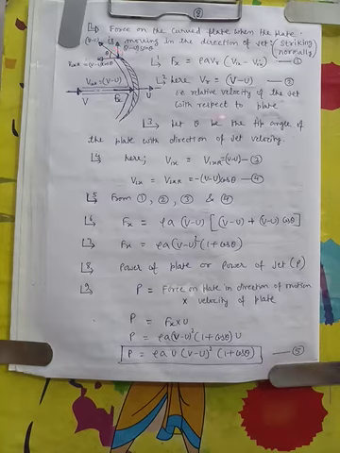So the velocities can be taken as initial relative and final relative, or as initial absolute and final absolute velocity of the jet. Both are okay.